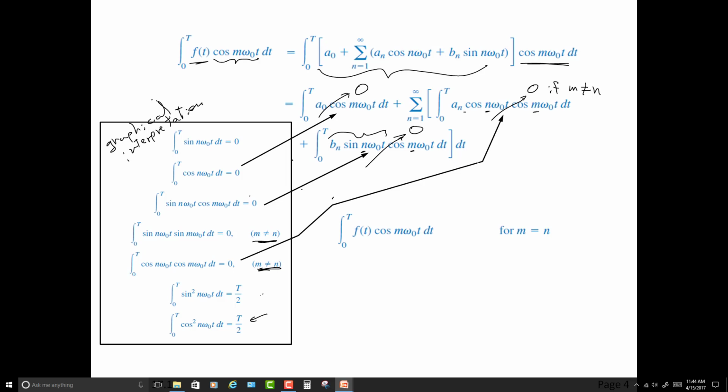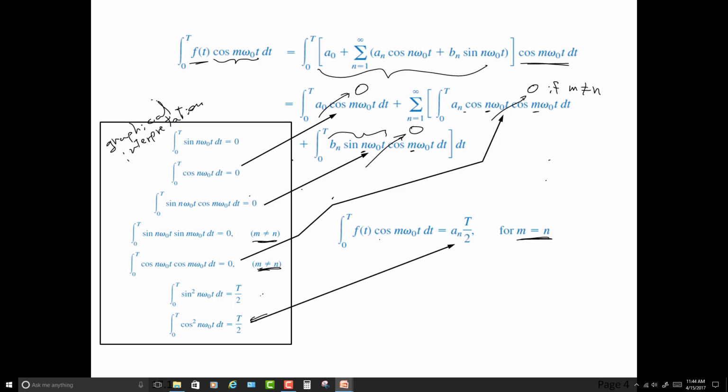So we evaluate the left side now at cosine m omega 0 t, and we have a sub n of tau over 2. So this is going to be easy to evaluate. Remember the condition here. They are now equal in this one case.